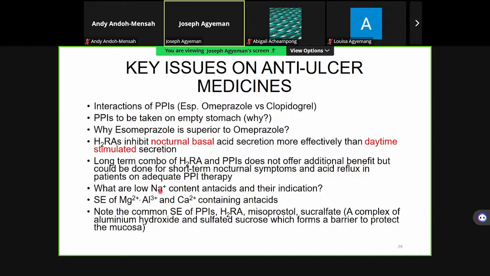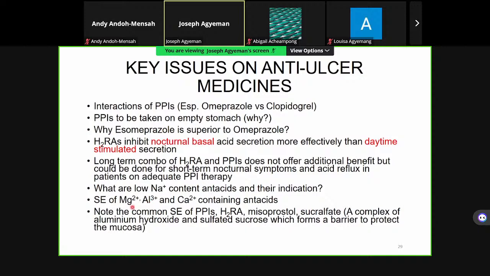If it's a liquid preparation, then 10 mils of the liquid preparation doesn't contain more than 1 millimole of sodium. Since these have lower content of sodium, they can be given to people that we fear that more sodium may worsen their edema.